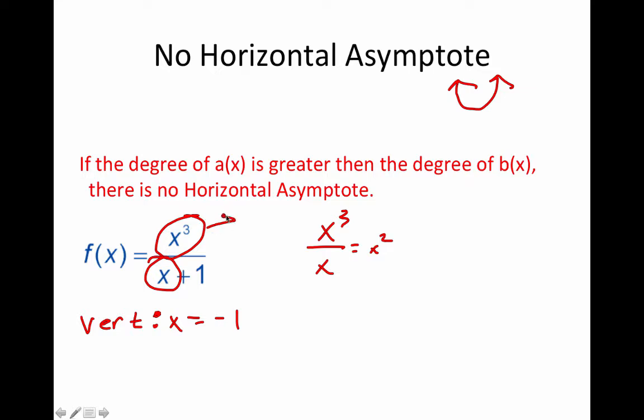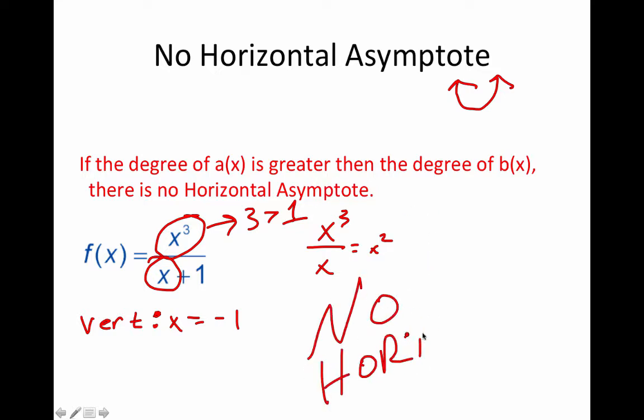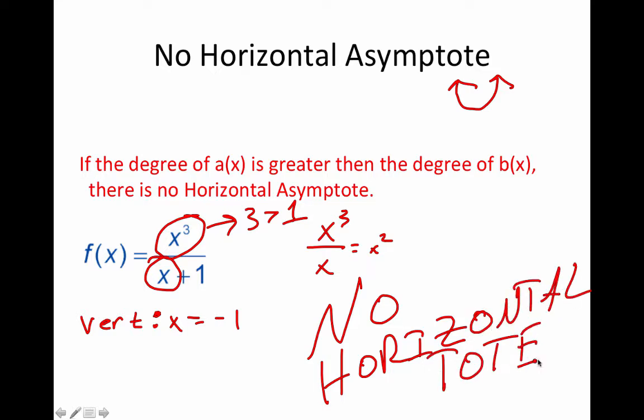And since this is a higher degree, 3 is greater than 1, there is no horizontal asymptote. So you're just examining the lead term from the top and the lead term on the bottom. So if you simplify and you have leftover x's on the top, you have no horizontal asymptote.